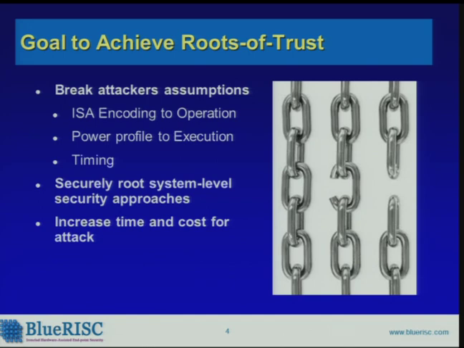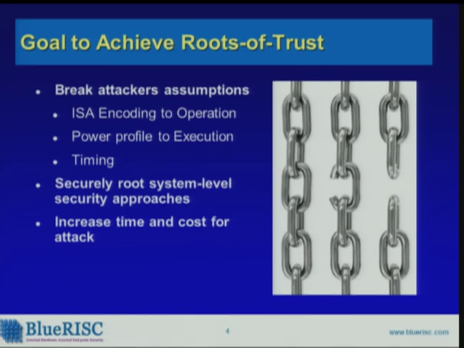Lastly, timing is something that we can control. Many fault injection attacks rely on being able to identify a specific time at which something may happen such that the attack can be mounted. If we can break this assumption, then I think we're doing something good in getting towards an inherently secure solution.